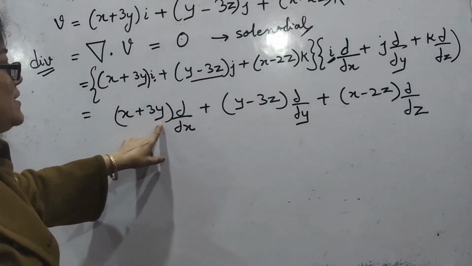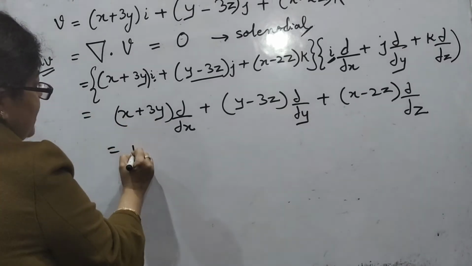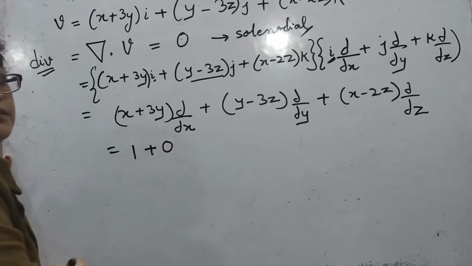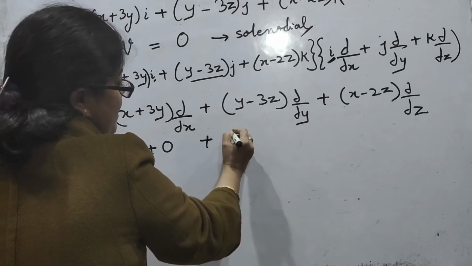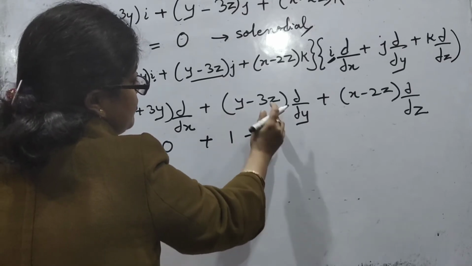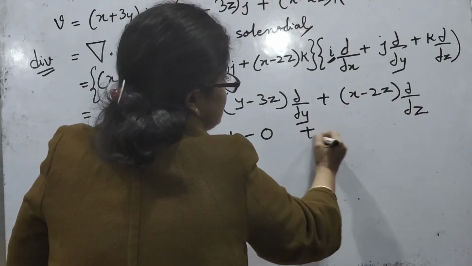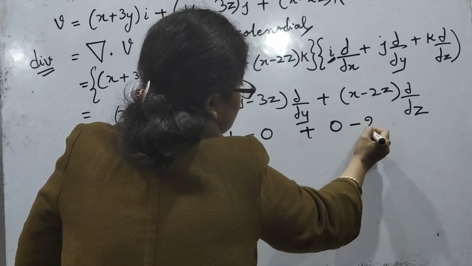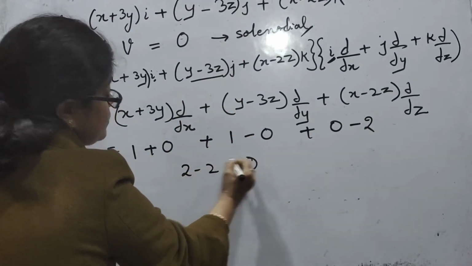After that, just differentiate it. Now this is x, so here we have 1. Now this is y, when we differentiate it, it is 0. Then differentiate with respect to y, we have 1 minus 0 because it is z. Now we differentiate this one with respect to z, so it is 0 and it is minus 2. So overall we have 2 minus 2, which is equal to 0.